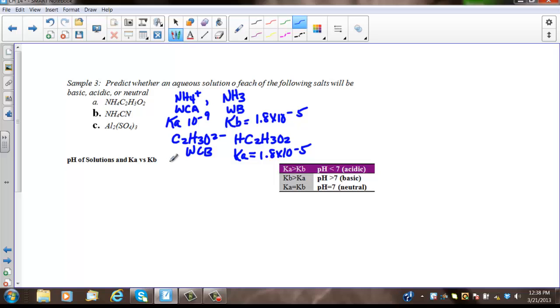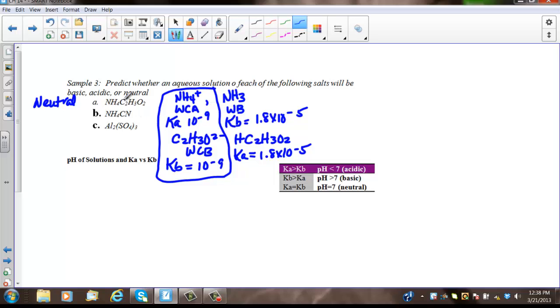So again, our Kb here would be 10 to the minus 9. So essentially what we are looking at is this side. We've got a Ka of 10 to the minus 9. We've got a Kb of 10 to the minus 9. So solution A is neutral.